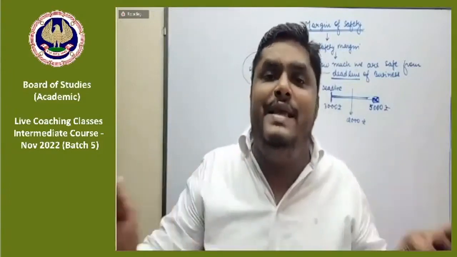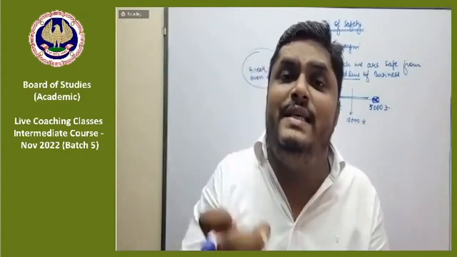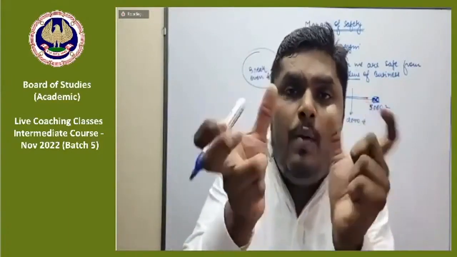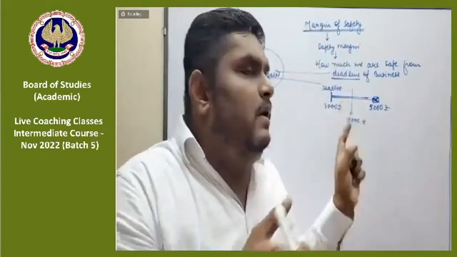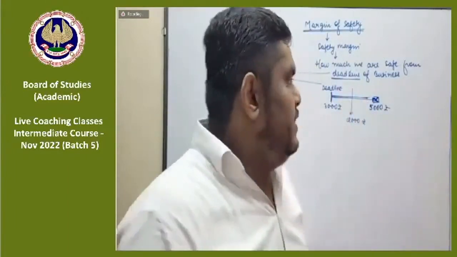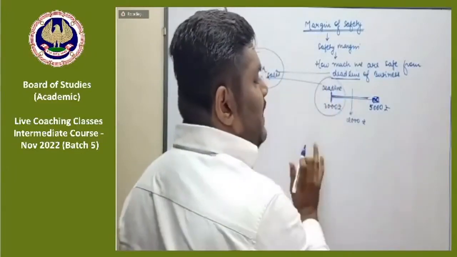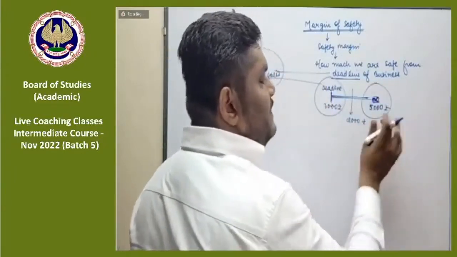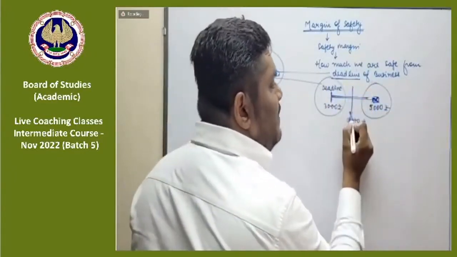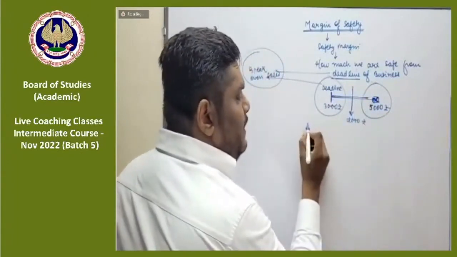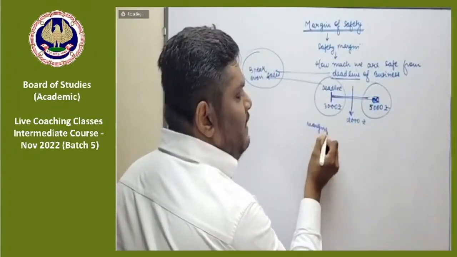Currently, my sales is 5,000. So how much am I safe? Very simple, 2,000. In short, this deadline is my break-even sales, and this 5,000 is my actual sales. So how much safe am I? 2,000.